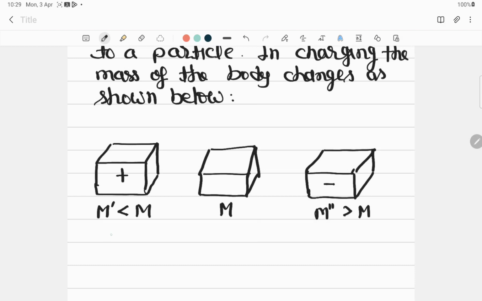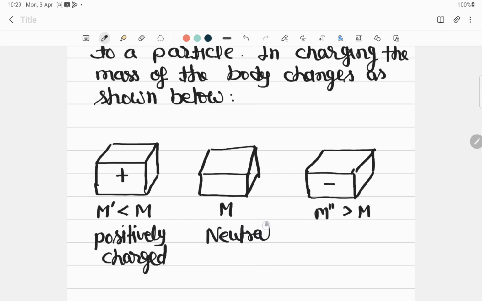So this first one is the positively charged, this is neutral, and this is negatively charged.